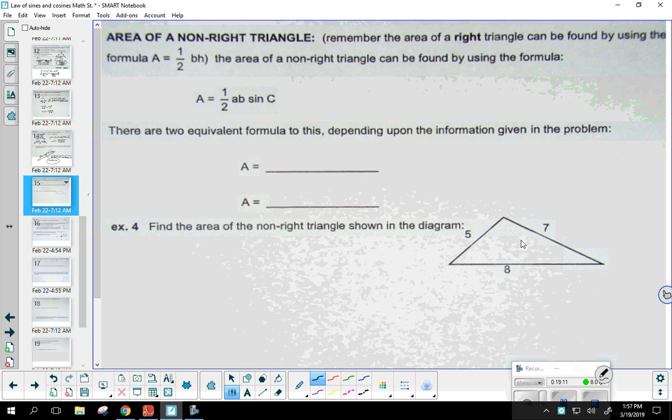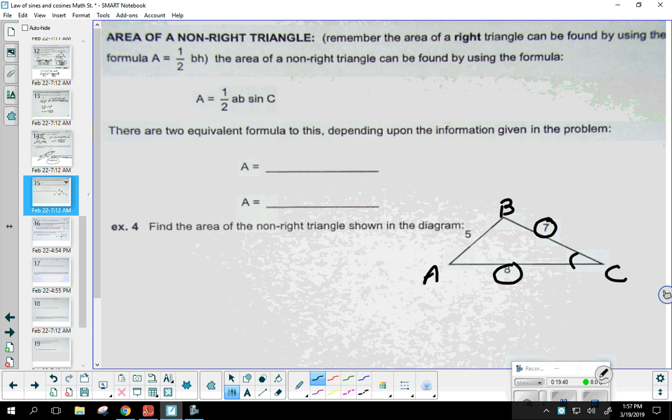Okay, so if this is A, B, and C, then you'd be using these two sides and this angle. There are two other vertices that we can use, and it's basically the same formula, just written differently for the other two vertices. For example, what if the included angle I had was A? Well, then what would the other two sides be?